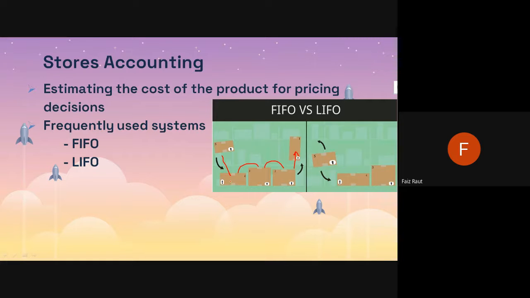It is just like a line we form: the person at the front of the line goes out first, the second person goes out next, and the next person after that. So it is a FIFO system. In a LIFO system, the product which has just come in, the fifth one, is the one that goes out right away. So this is LIFO.